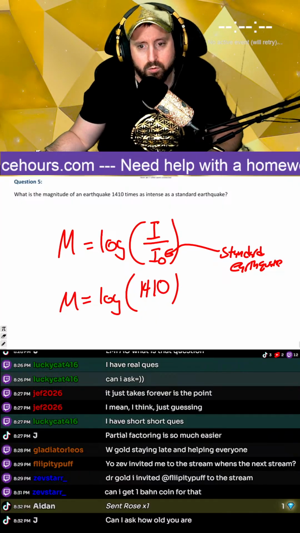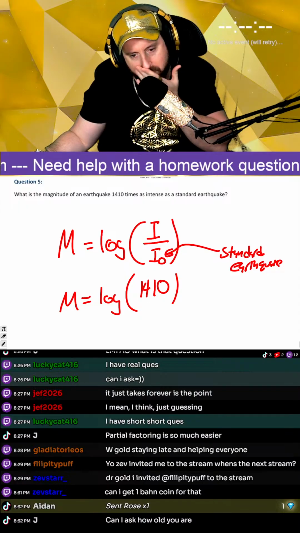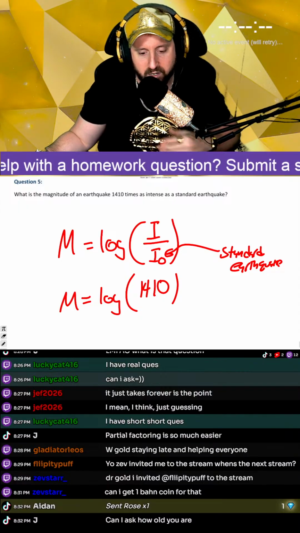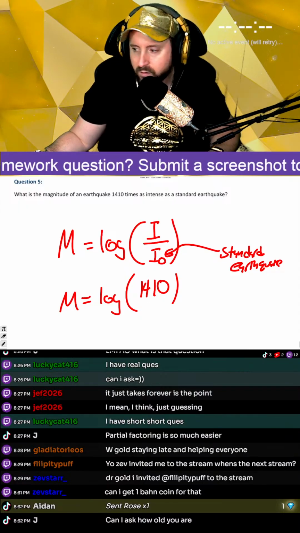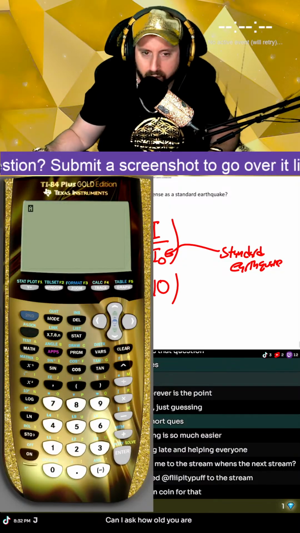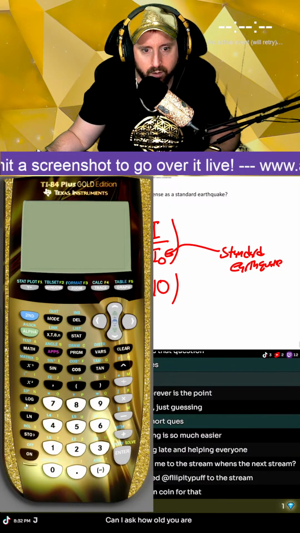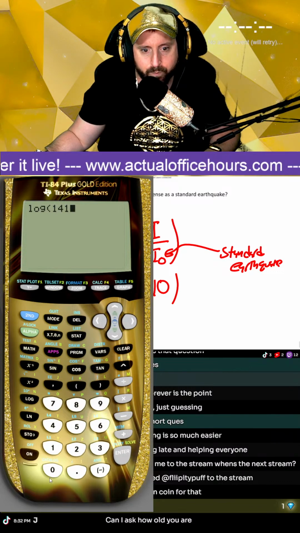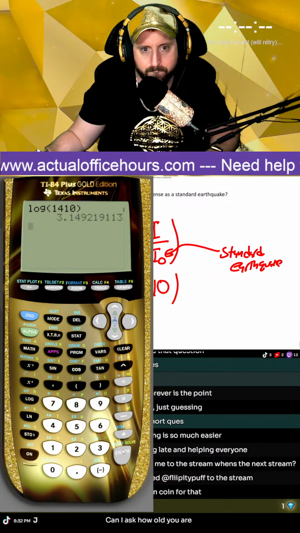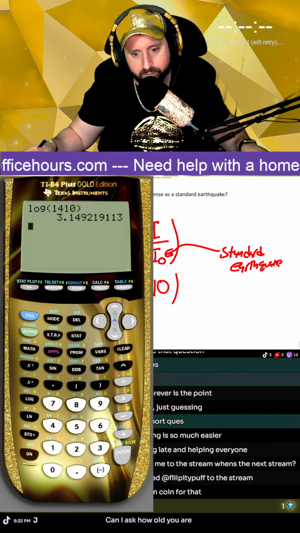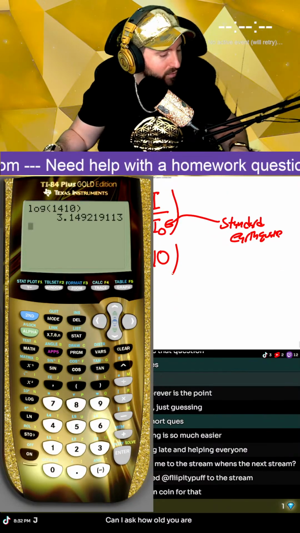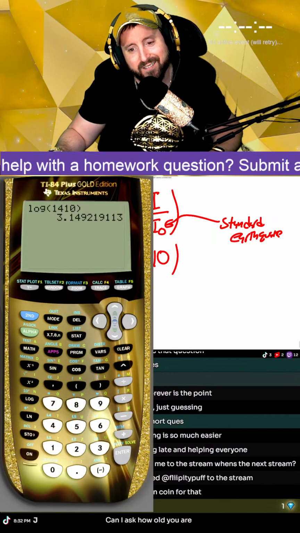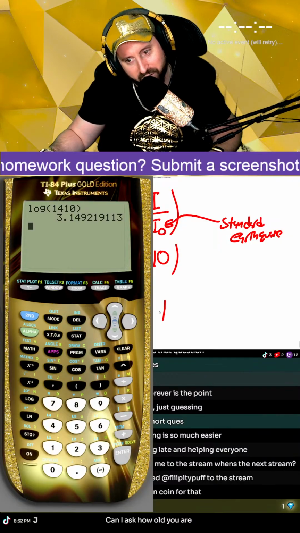Right, when you do decibels, it's the minimum intensity that I think your ear can hear, is what I naught is. I forgot exactly what the other ones are. So you just do log of 1410. That's equal to 3.14. Wait, it's almost pi. Okay, so you can say 3.14 times as intense.